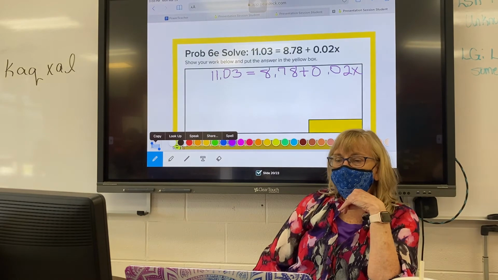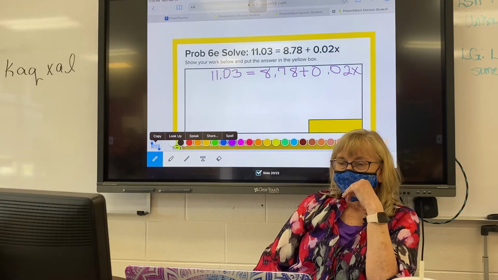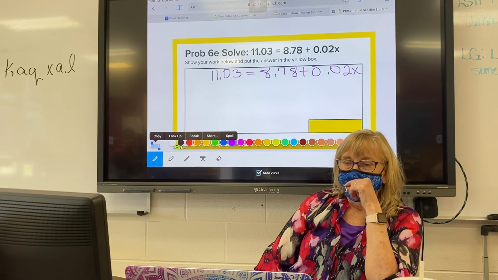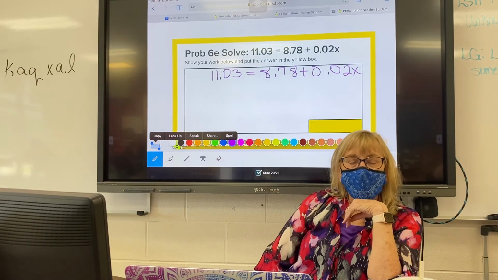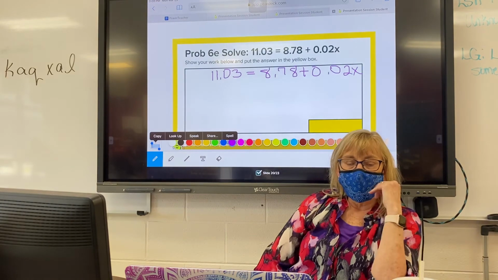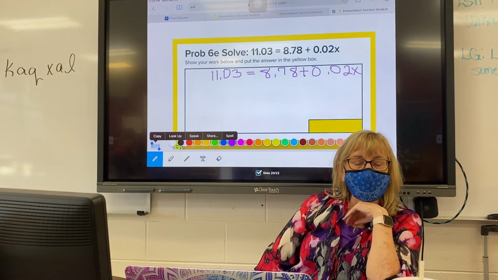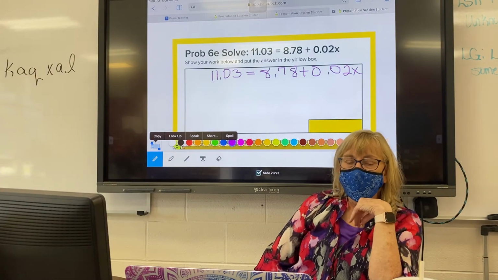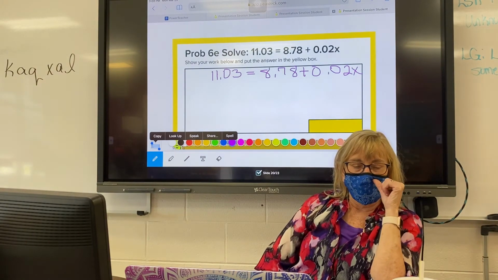Okay, do you see any subtraction? Do you see any parentheses? Do you have the variable term, the x term by itself on one side? If you don't, then you need to move whatever is hanging there with it.